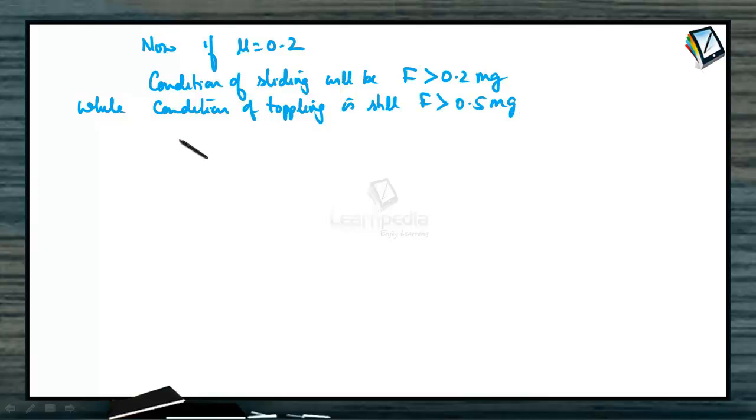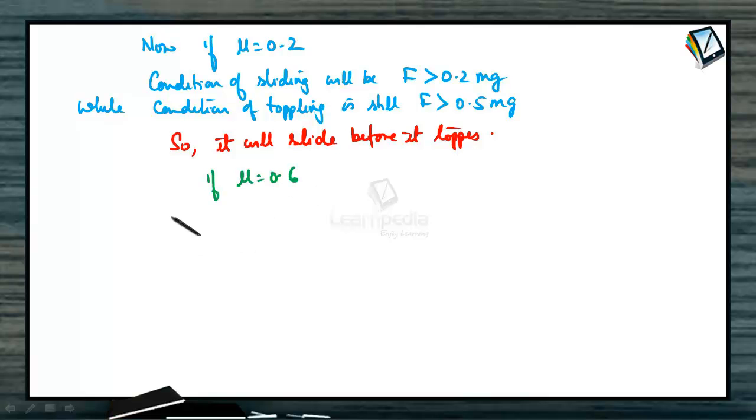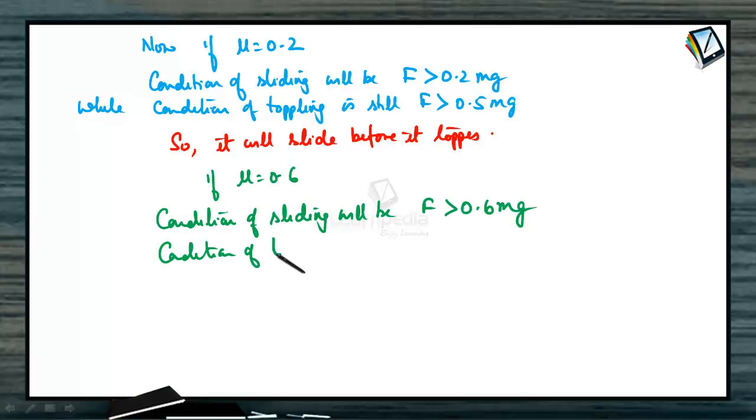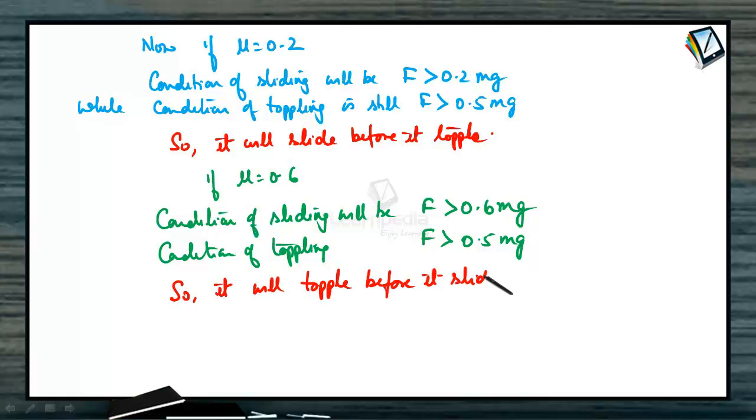So what do you get? It will slide before it topples. Now if mu is equal to 0.6, check again: the condition of sliding will be F greater than 0.6 mg. The condition of toppling is F greater than 0.5 mg. So the block will topple before it slides.